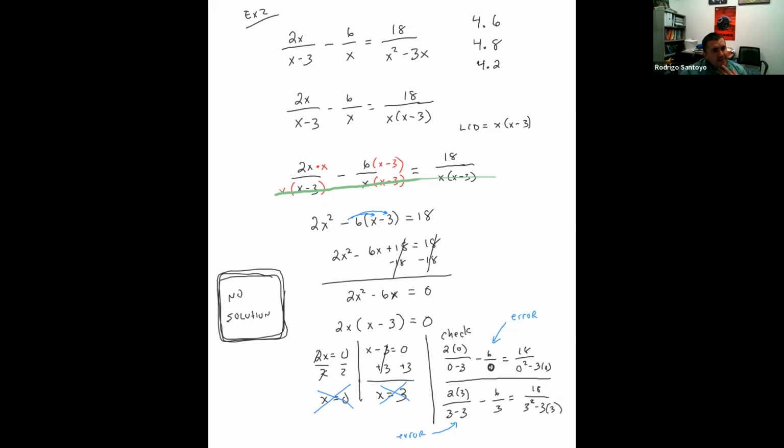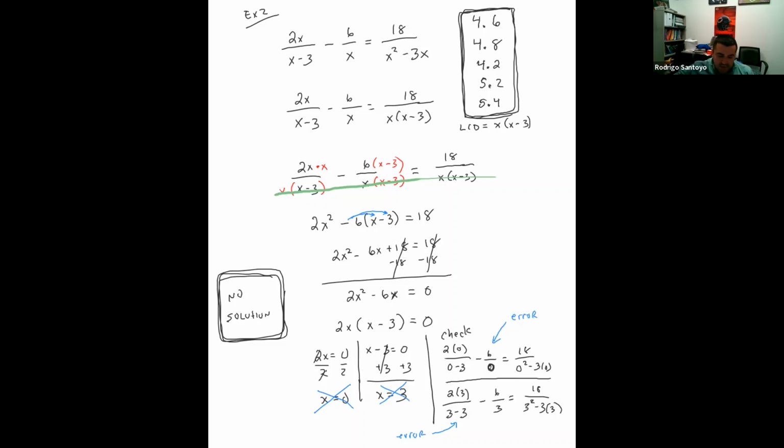What else does it cover? We're subtracting rational expressions. If I'm not mistaken, I think that's 5.2. And then obviously it covers this section, which is 5.4. This problem covers all of that.